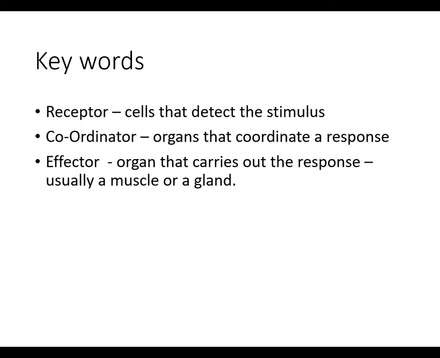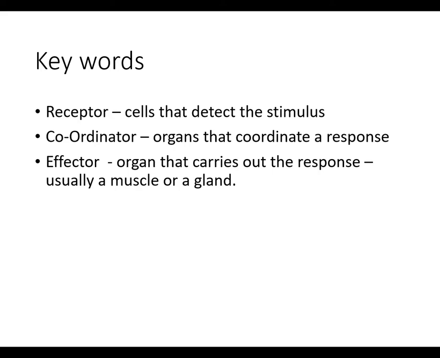Okay, so the mode of action of a nervous impulse, as I've just said, is basically what goes on. We have the receptors, they detect the stimuli, the coordinator, they coordinate the response, that is usually the brain and spinal cord, and then we have the effector, the organ that carries out the response, which is usually a muscle or a gland.